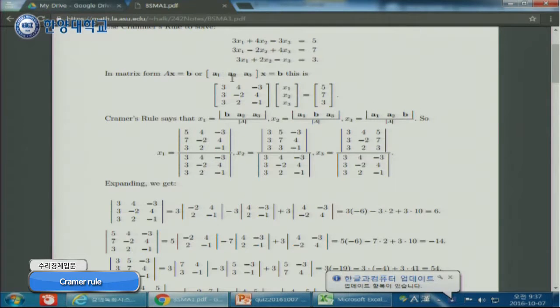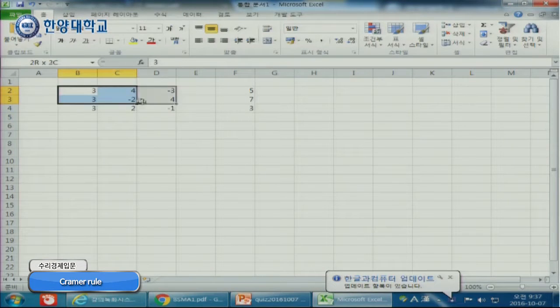We have the A matrix and we have the B matrix.